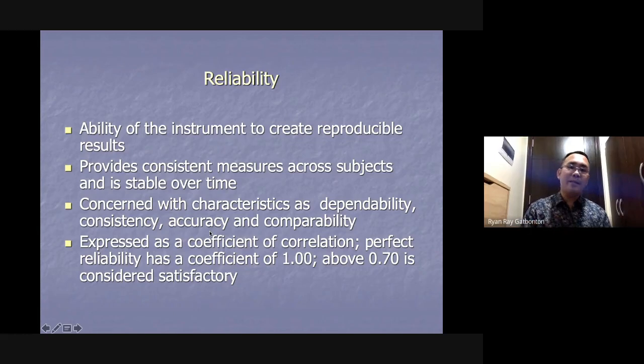It can be expressed in the form of coefficient of correlation, how well correlated the variables or the questions are with each other. Having a coefficient of 1, you can say that it has perfect reliability. While those above 0.7 is considered satisfactory.